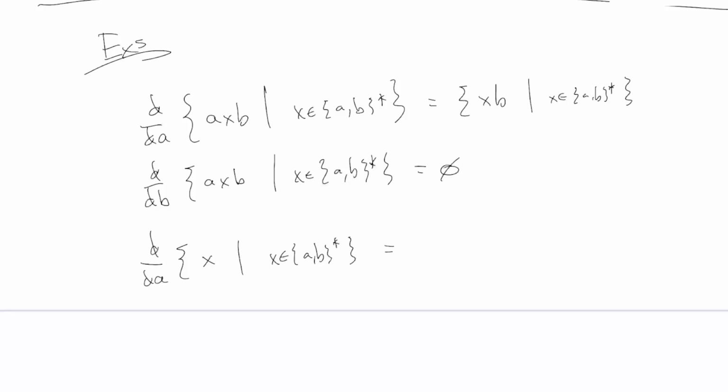Can you say anything about what's left over from those other strings? You take everything that starts with an A, you take that A away. I think what remains could be anything, right? You don't know anything about the rest of it after you took an A away. This is weird, but it's just this again. It's the same thing.